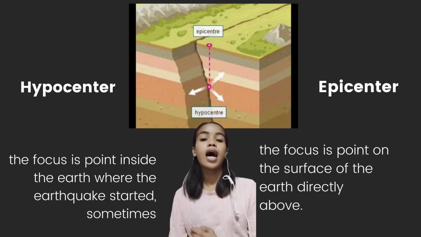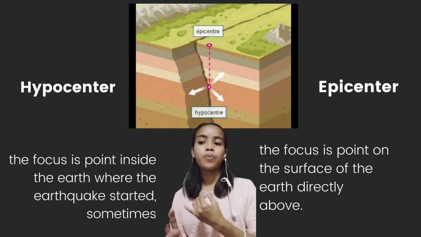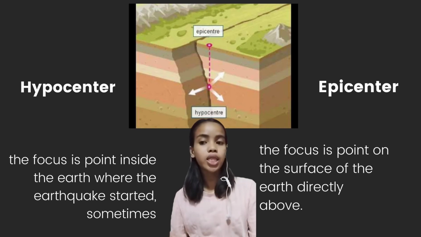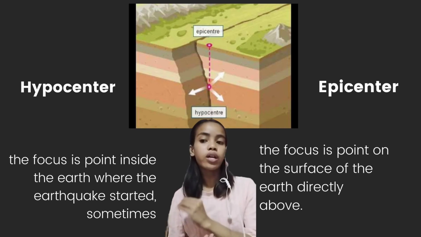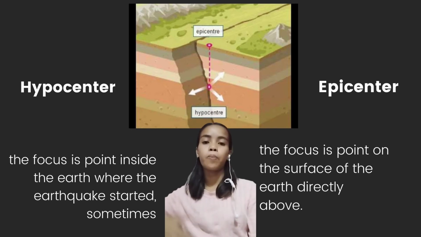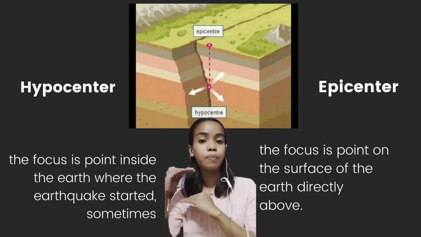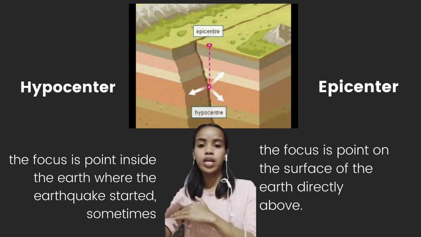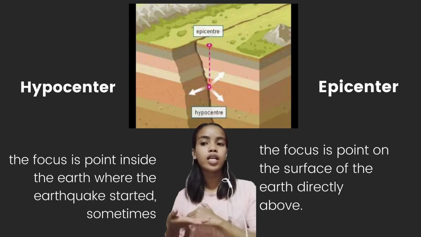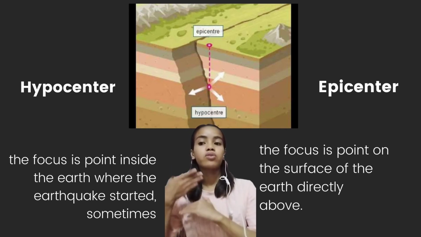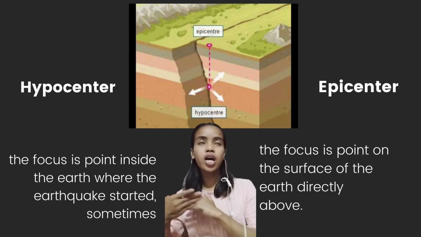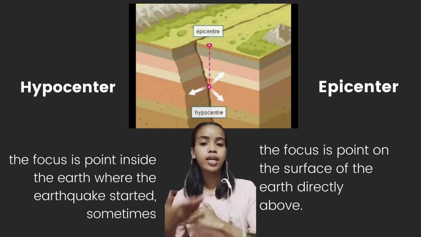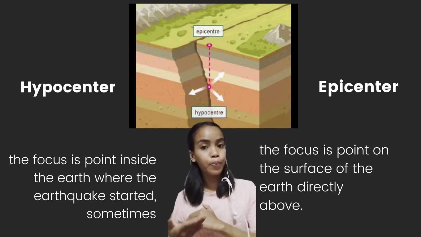First is the hypocenter. The hypocenter is the focus point inside the earth where the earthquake started. As you can see here in the picture, this is the earth's surface, and inside the earth's surface, that is what we call the hypocenter. That is usually where the earthquake starts.